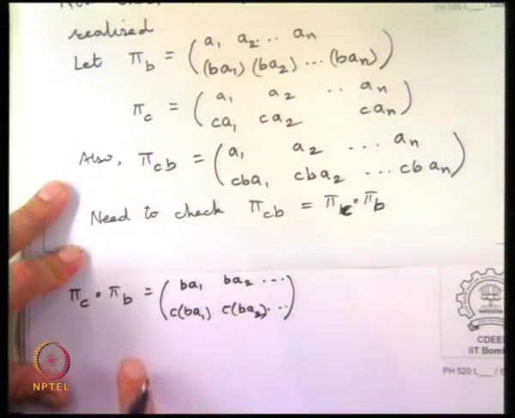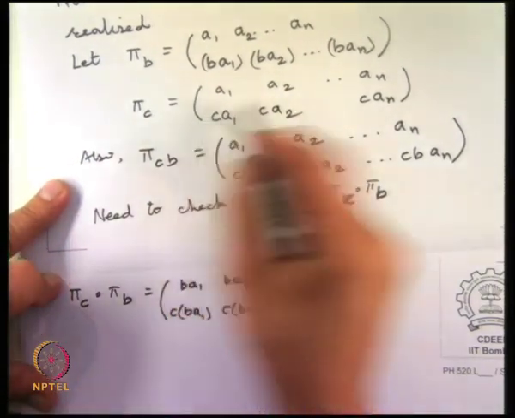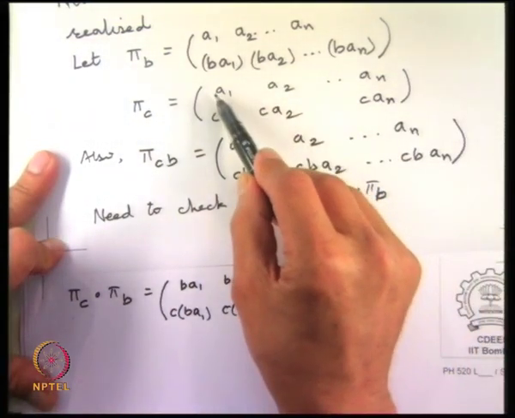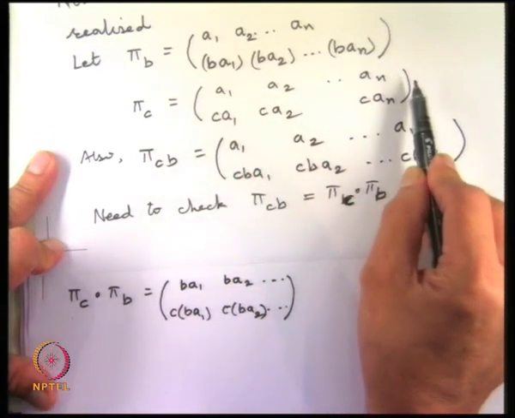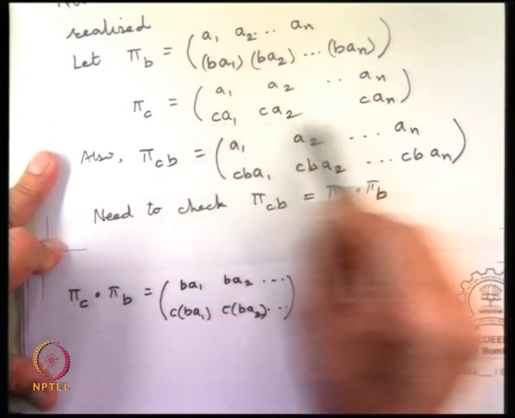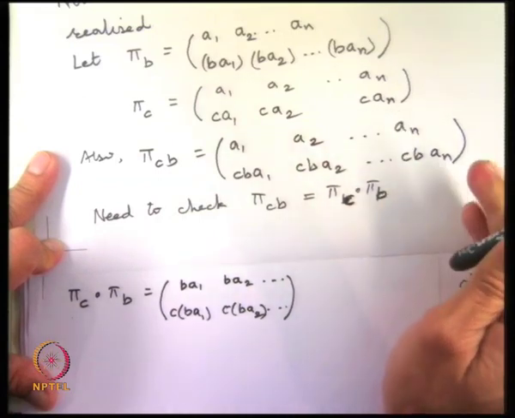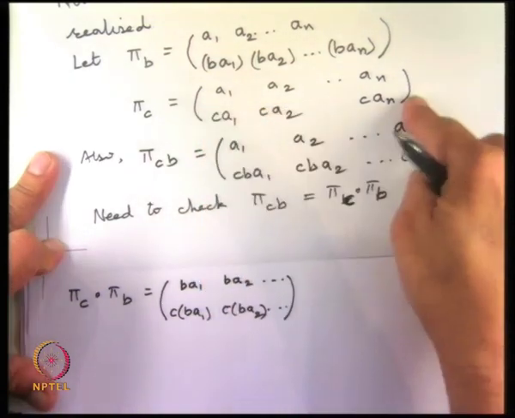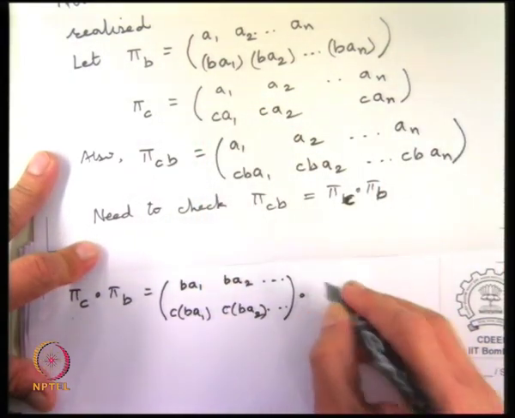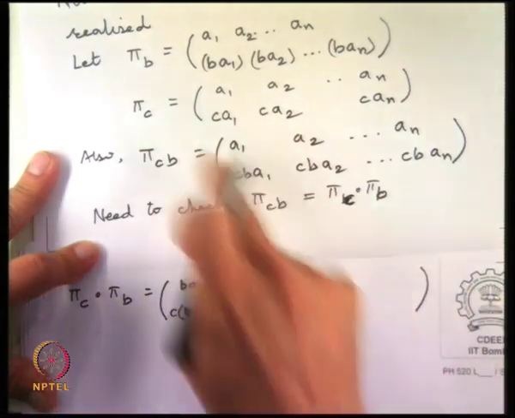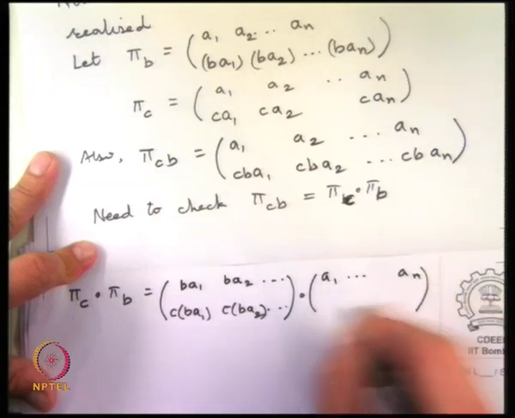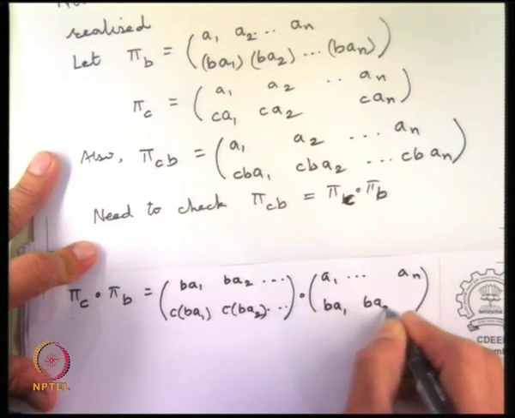It's the same permutation as pi C written here. So this pi C, what I do is I multiply the top row by B, but do the same thing to the bottom. Then the permutation has remained the same. So this represents pi C as much as this, and times I write pi B as before, which is here, but here I have BA1, BA2, BAN.